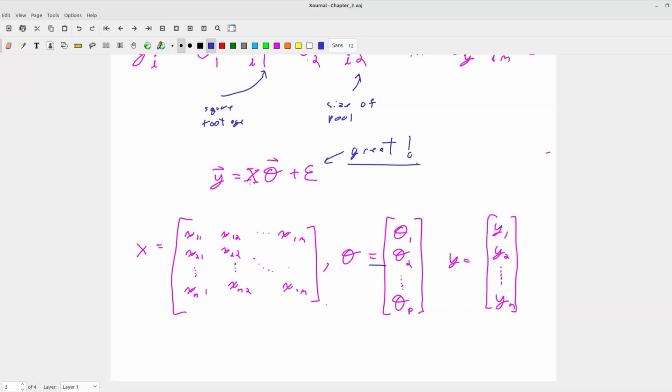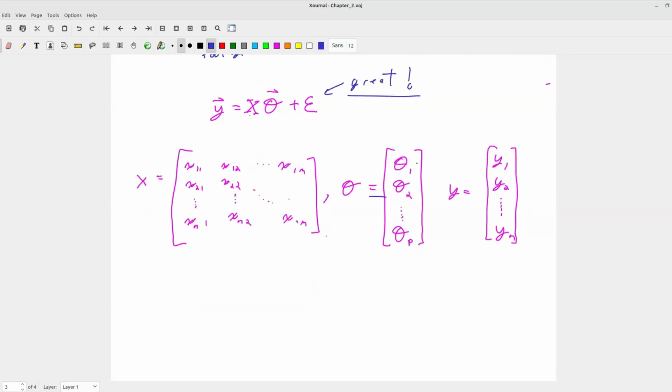We have to drop the error term because I don't know what the error is, and so I can't optimize around an unknown error value. So if I drop that, the best that I can reasonably do is y hat is equal to x.